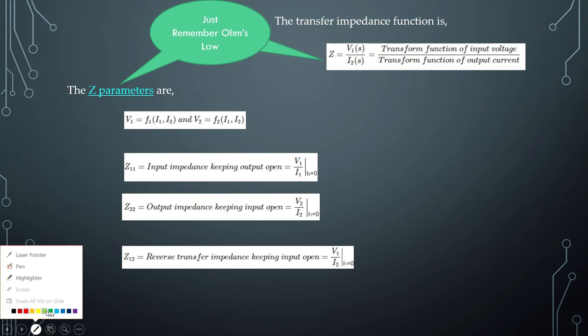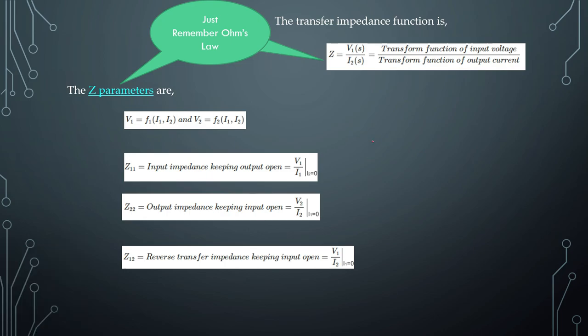So let us have some structure. Say Ohm's law, V is equal to I R. That is our simple Ohm's law. From this Ohm's law we can derive the expression for the resistance.